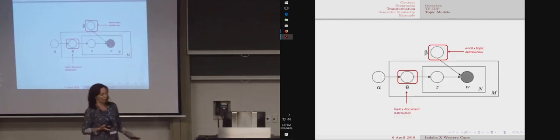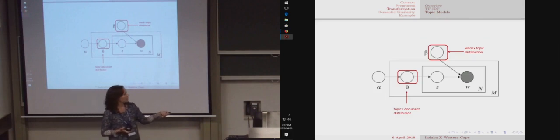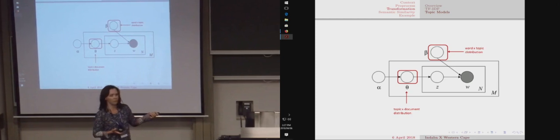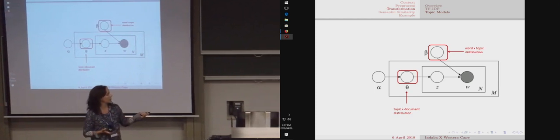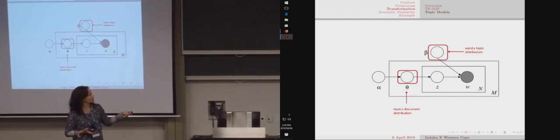So this is the graphical model of a topic model. That plate there runs across your documents. So you've got M documents, and N is the number of words that you have in a document. Your observable variable is your words, and there is your topic. That's your latent variable.